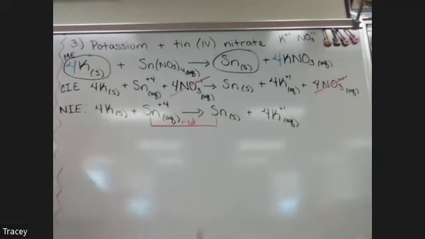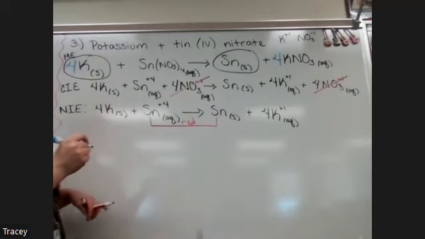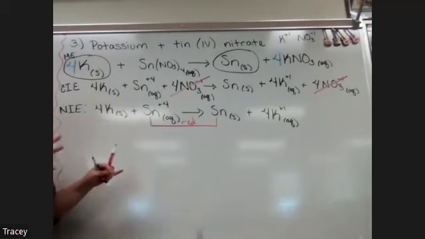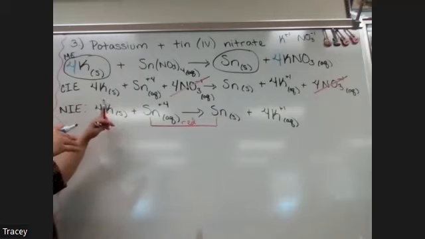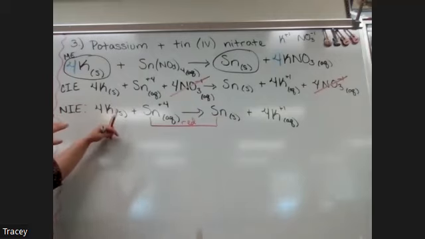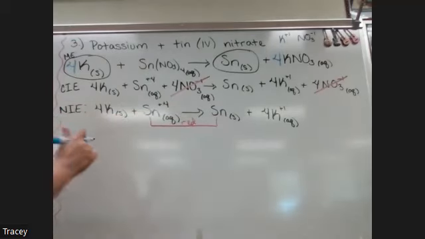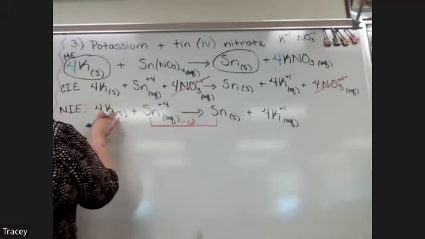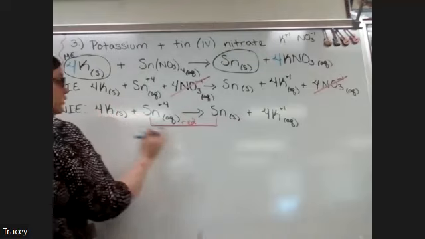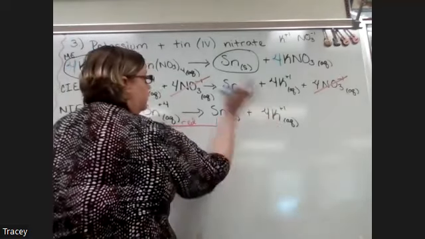Now, oxidized in chemistry is the opposite of reduction. Oxidation means the charge goes up. For metal replacement, you're going to have the metal solid neutral yielding a cation for oxidation. So K0 yields K+1.